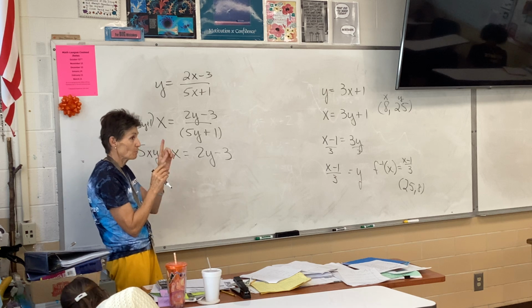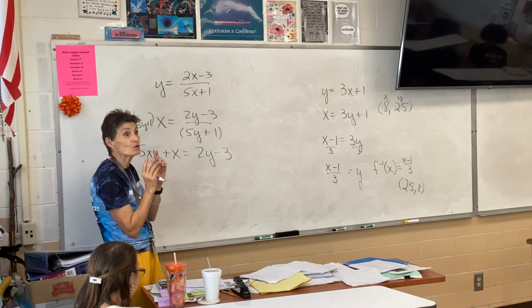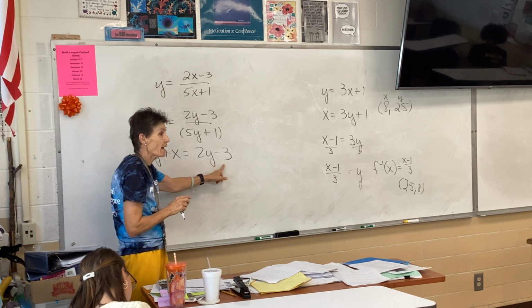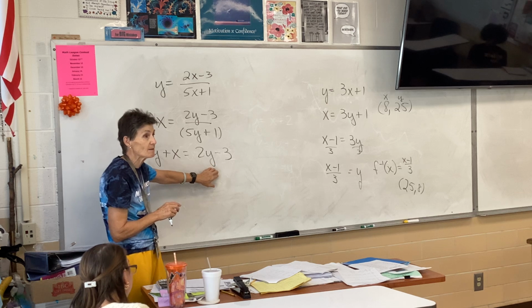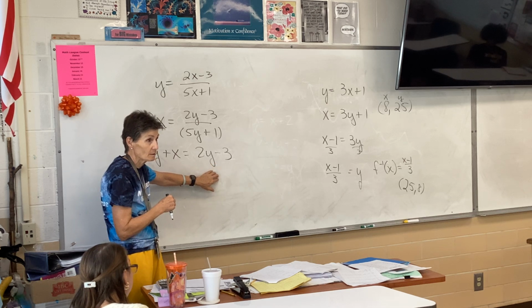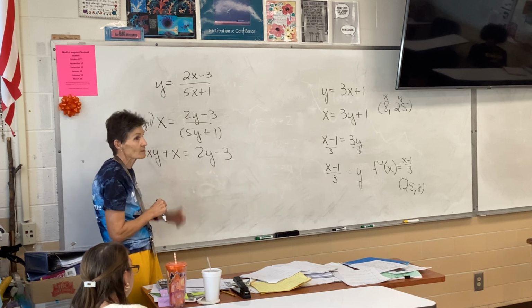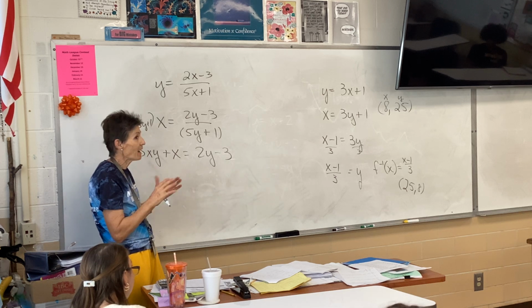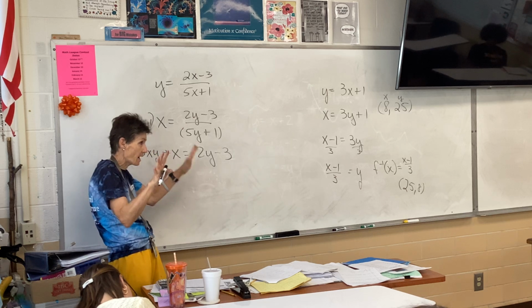Now, I'm trying to get y by itself. Please don't add 3 and divide by 2, because that would give you y equals, but why isn't that going to be good? There's a y on the other side, okay? So we somehow got to get these y's together. We can't have y's on both sides.